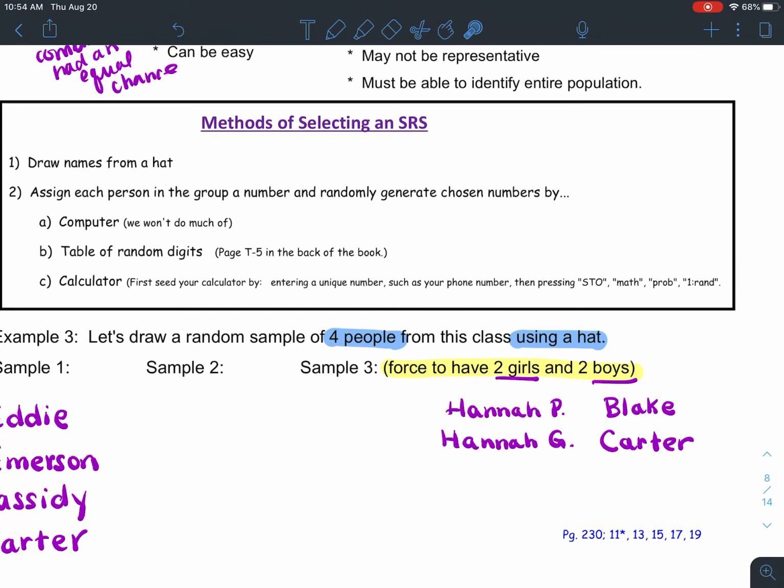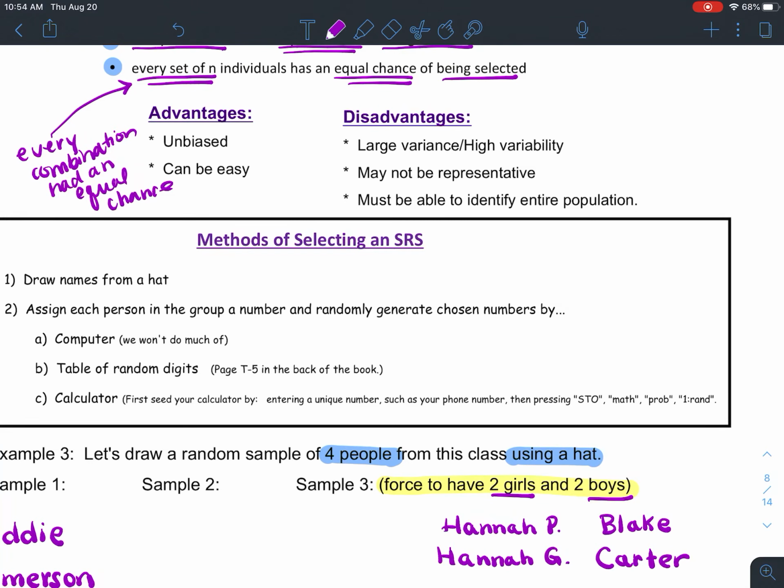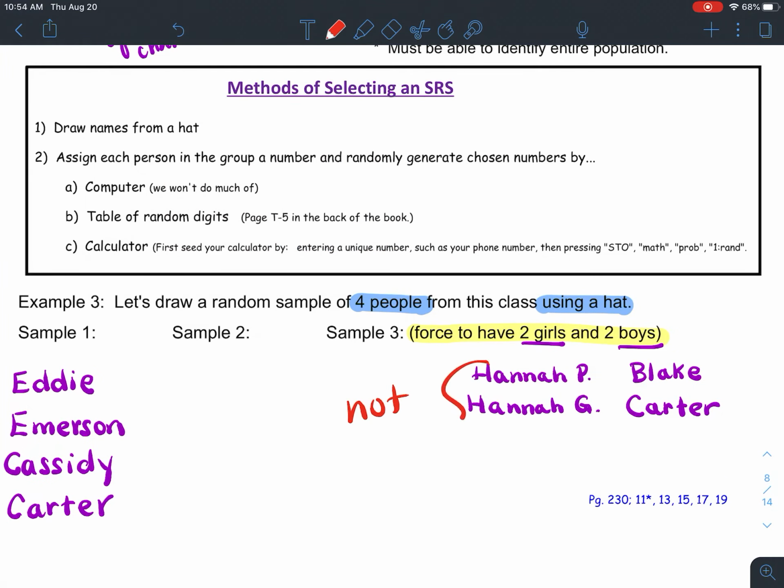You 4 boys could not have been the 4 people in my final sample because this was restricting me to having 2 girls and just 2 boys, okay? So for that reason, and I'm going to make a note here, this is not an SRS, short for simple random sample.